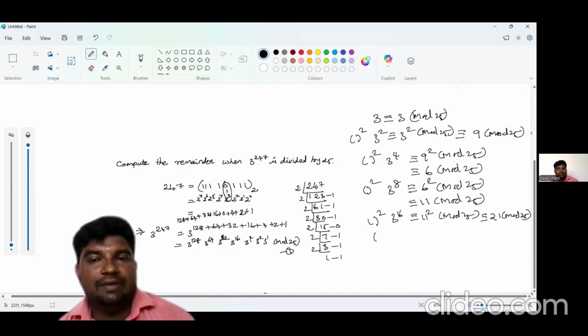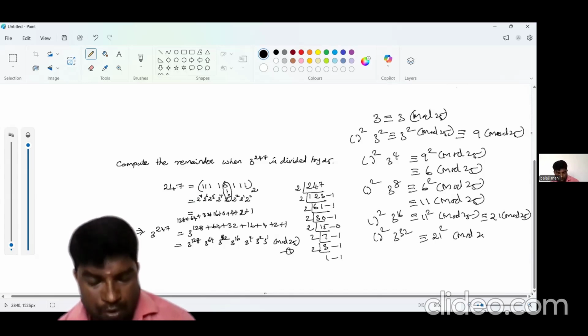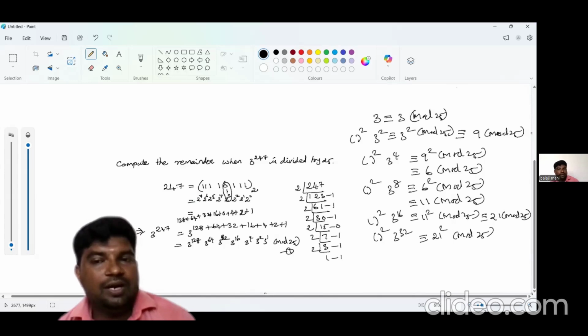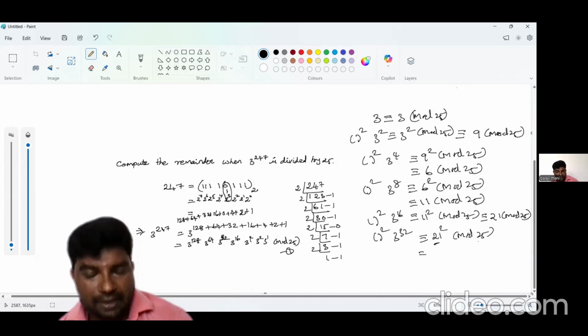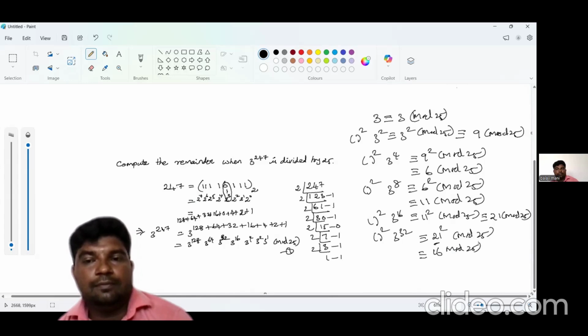Again, 3 power 32 is congruent to 21 squared, which is 441. Dividing 441 by 25 gives the remainder 16 modulo 25.